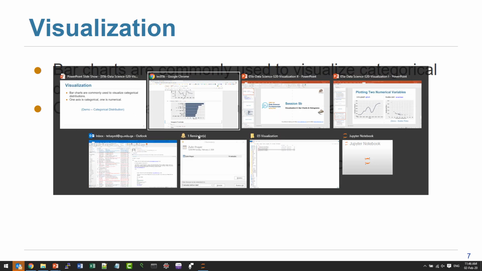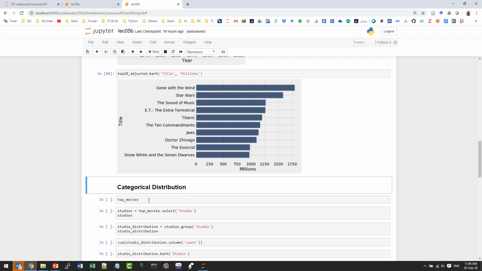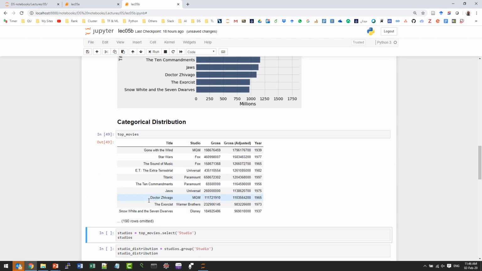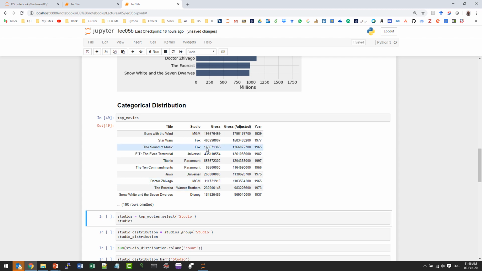So let's see a demo here. We will switch a bit to another data set, which is, actually, is it the same? Yeah, it's the same, but we will focus on this column, which is the studio or the producer. Let's think about that as the producing company that produced this movie.